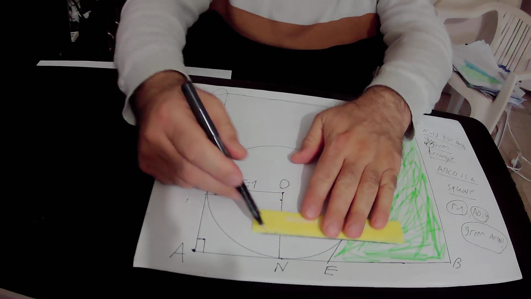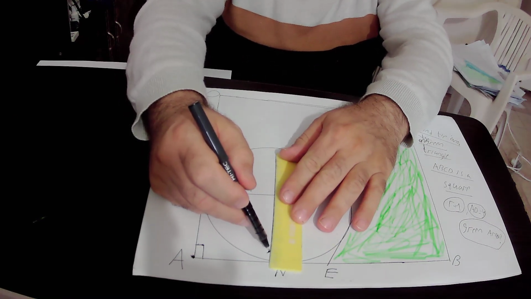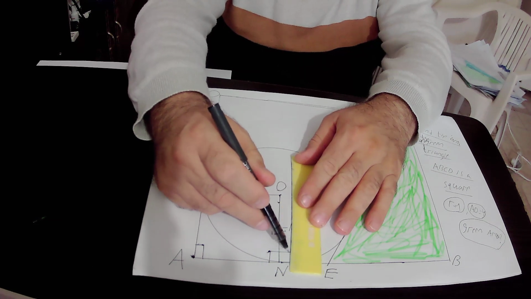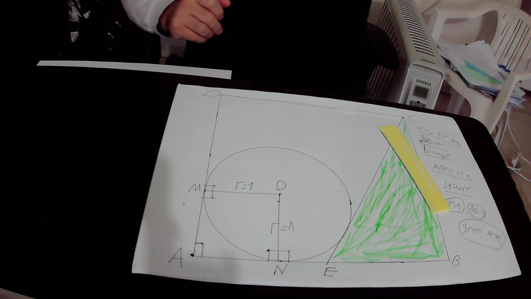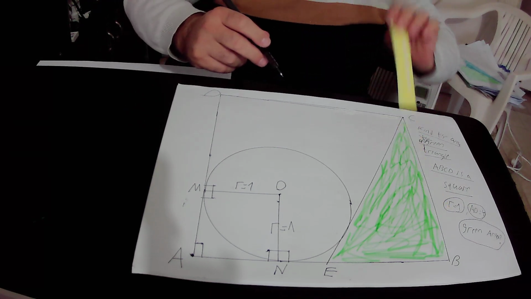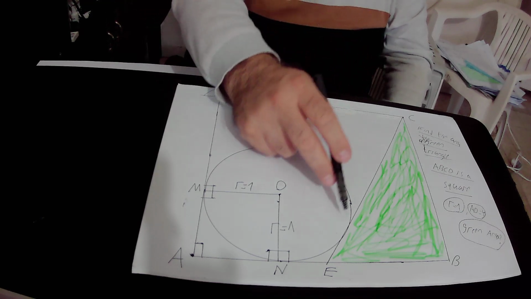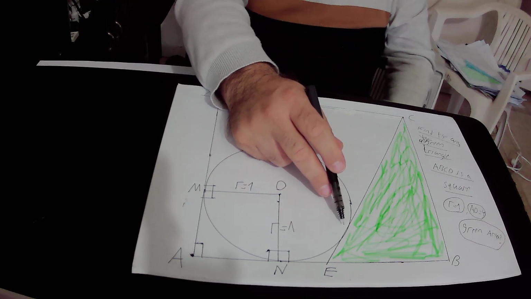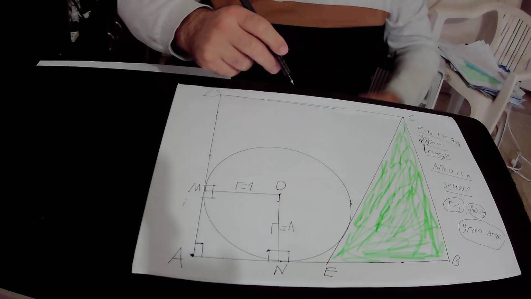That is to say, this angle will be equal to 90 degrees, and this angle will also be equal to 90 degrees. Okay? We will define the point of tangency, this point of tangent EC with this circle, as point K.